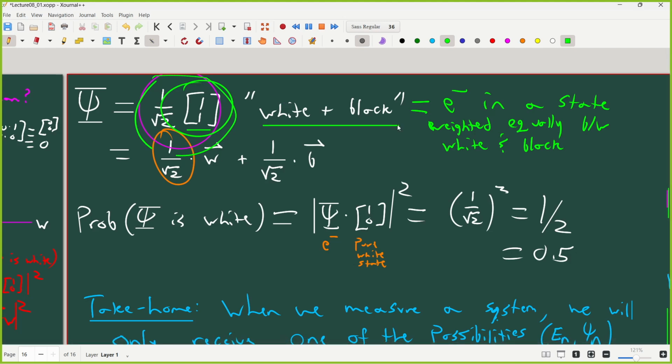All this is really saying is that when I put this electron in my box and I actually measure it, when I actually assign the word color to it, which is what happens at measurement time, it's going to be 50% of the time white and 50% of the time black. And the only possible way that can happen is if the electron initially is in all possible states, period. That's what problem set 1 suggests.